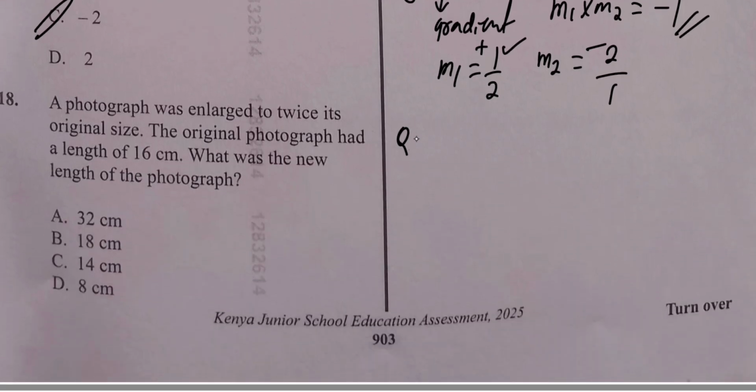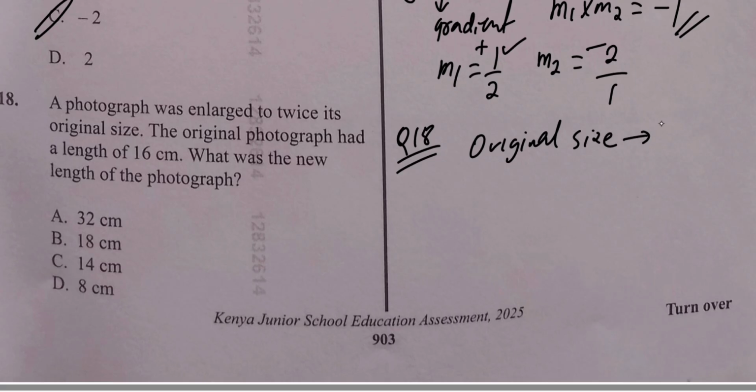Okay, question 18. A photograph was enlarged to twice its original size. The original photograph had a length of 16 centimeters. You've been told a photograph was enlarged to twice its original size.